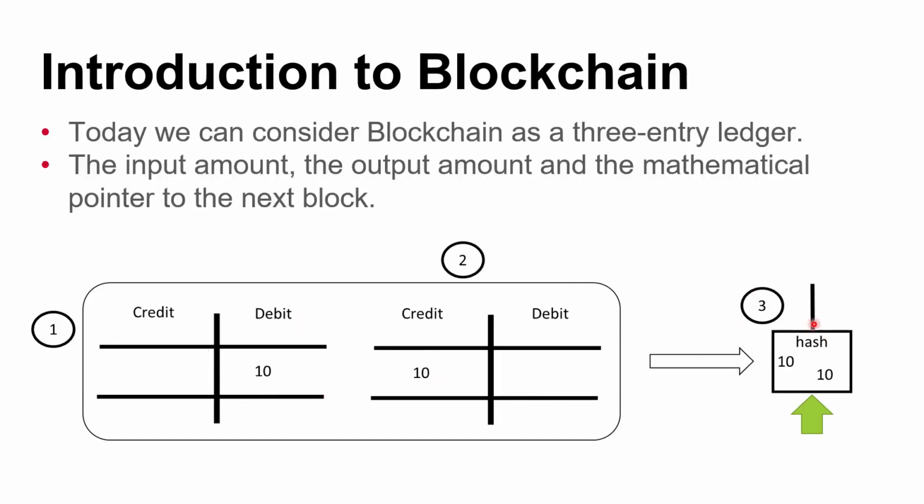But then there is an introduction of a mathematical hash, and we're going to see why this hash is important. Essentially, a hash is a digest of data that's very, very sensitive to changes, and this is one of the ways that we secure our blockchain, and one of the ways that we say it's immutable. Since a hash is very sensitive to changes, we'll know if any changes are made.